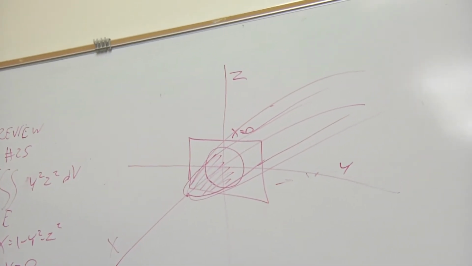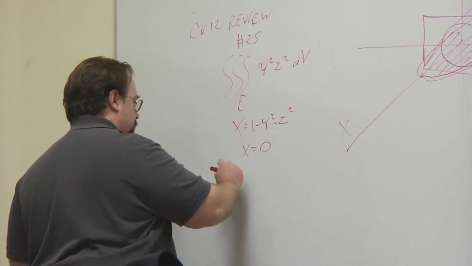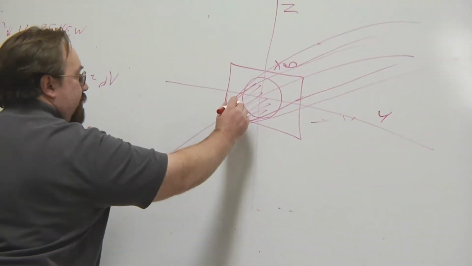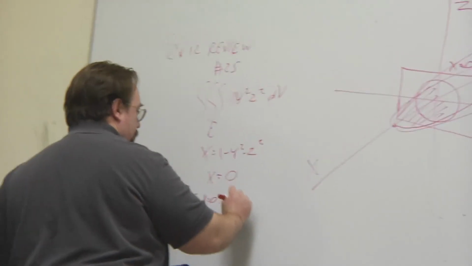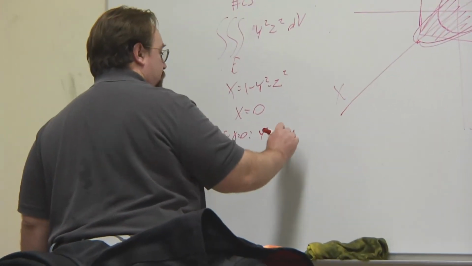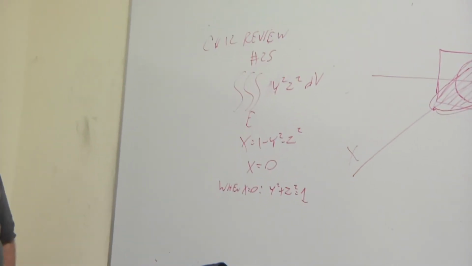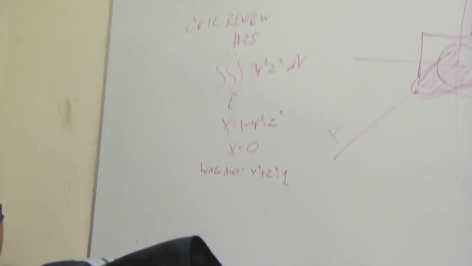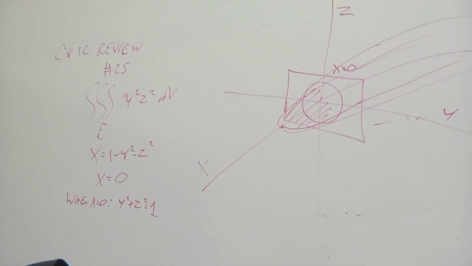Now, when x is equal to 0, so a projection of the solid onto this plane, we have y squared plus z squared is equal to 1. So that suggests using polar coordinates for y and z, and then you're leaving x as it is.